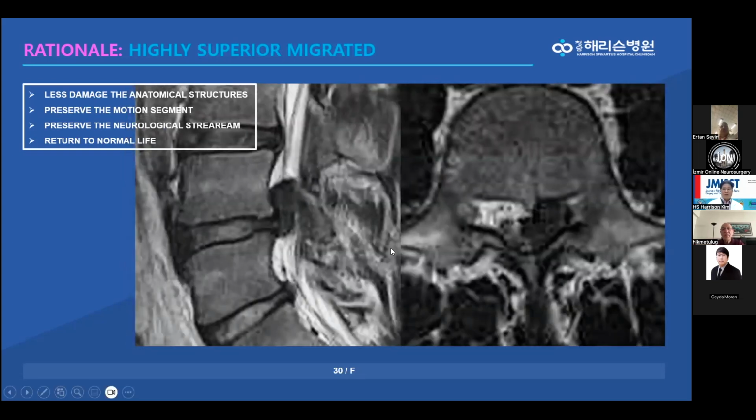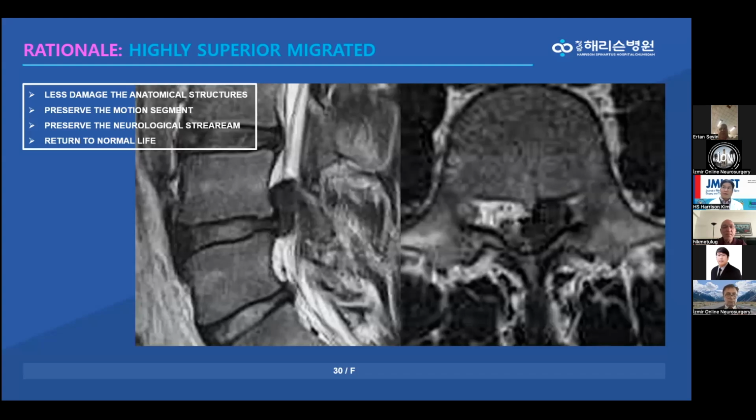This case is similar, a severe disc herniation with a highly superior migrated fragment. This case involves not only the disc area, but also the dorsal root ganglion and the facet area.